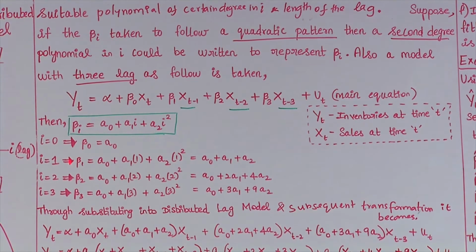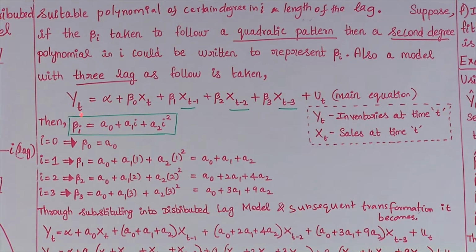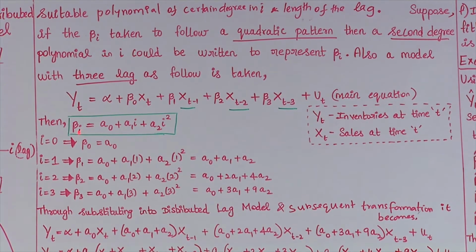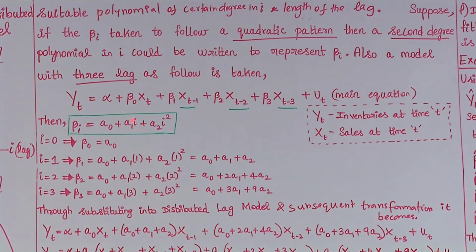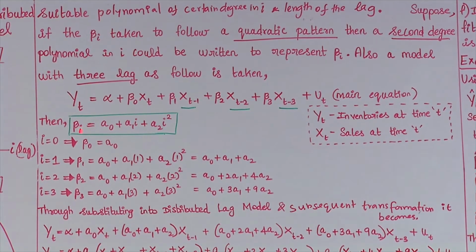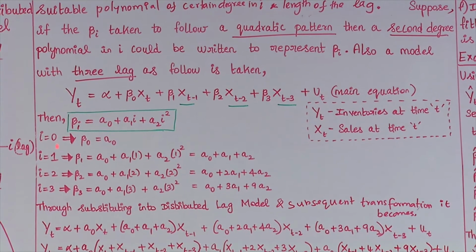So you are taking a quadratic function: beta i, that is the effect size at lag i, is equal to a0 plus a1 i plus a2 i square. Here i is a variable of lag time.